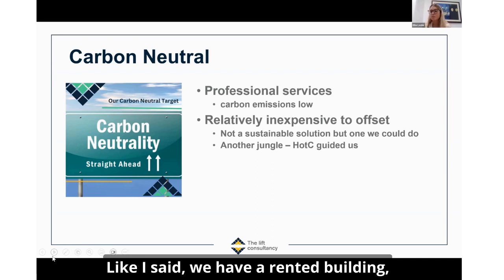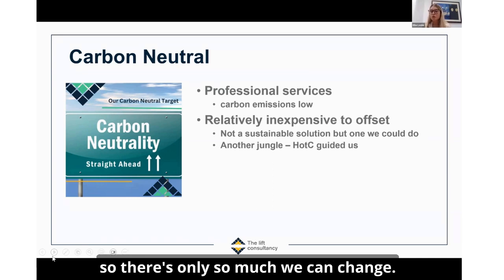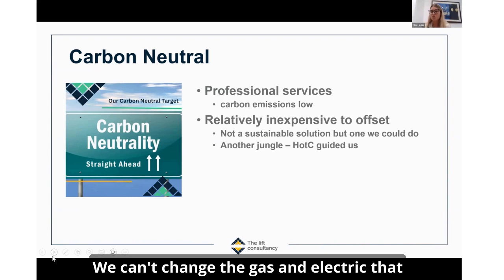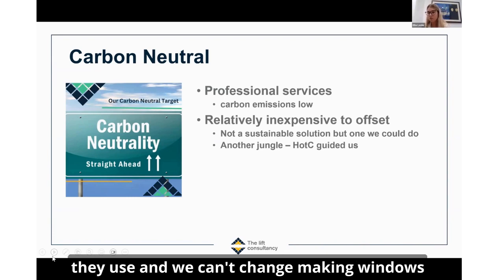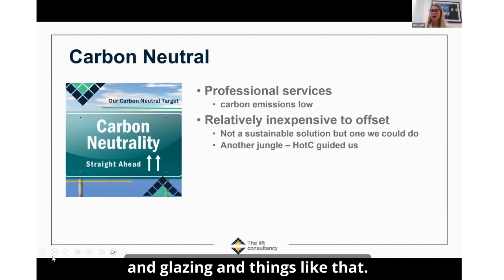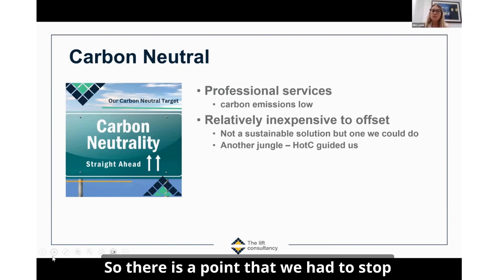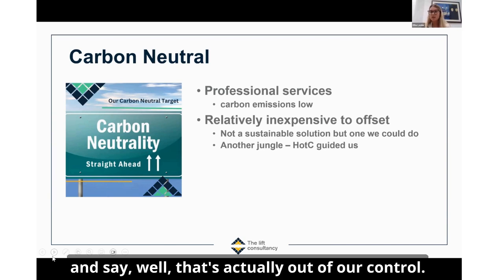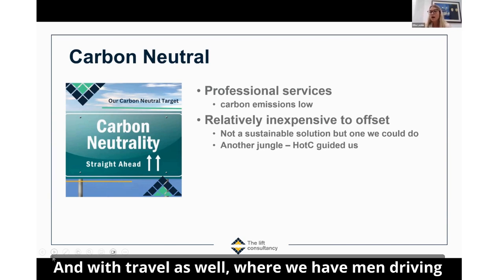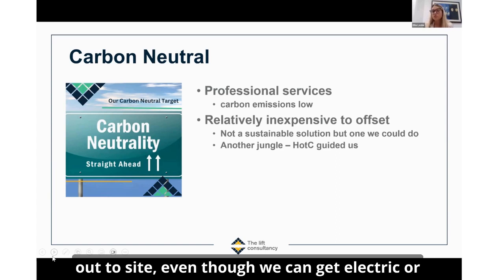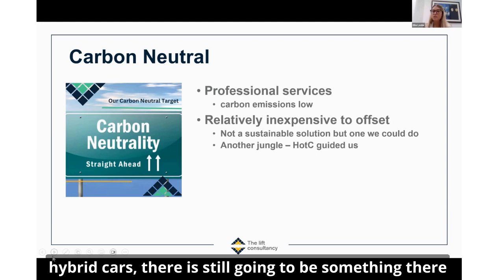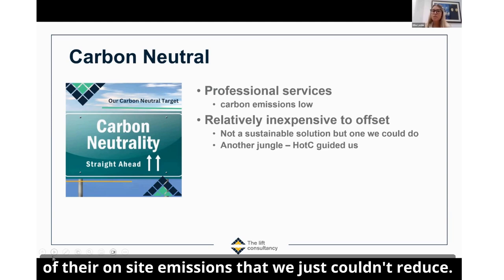Like I said, we have a rented building, so there's only so much we can change. We can't change the gas and electric that they use, and we can't change windows and glazing and things like that. So there is a point that we had to stop and say, well, that's actually out of our control. And with travel as well, where we have men driving out to site, even though we can get electric or hybrid cars, there is still going to be something there of their on-site emissions that we just couldn't reduce.